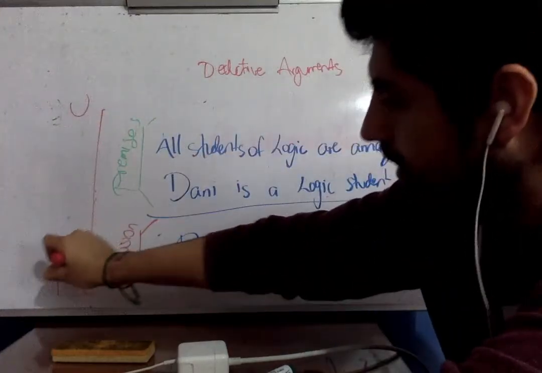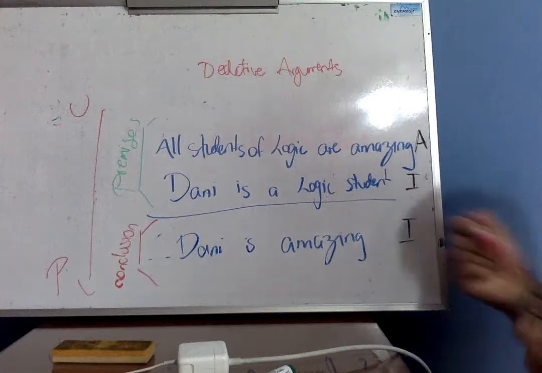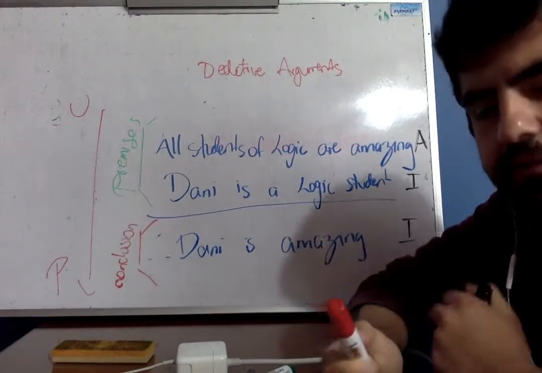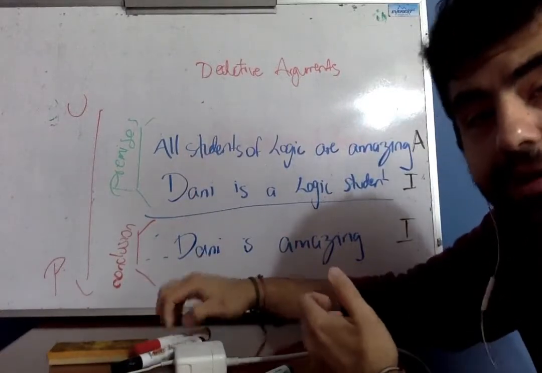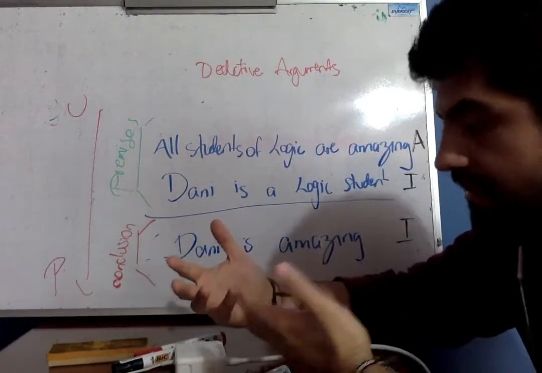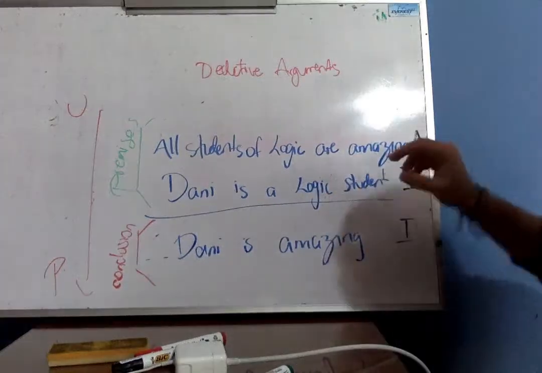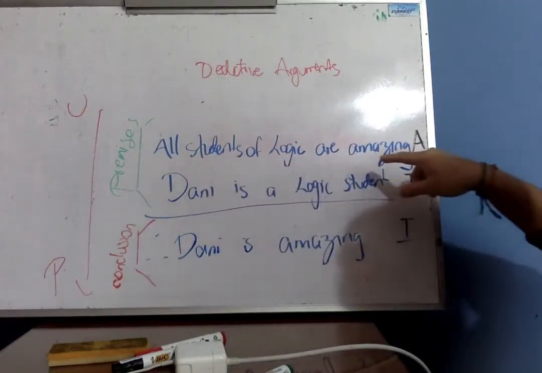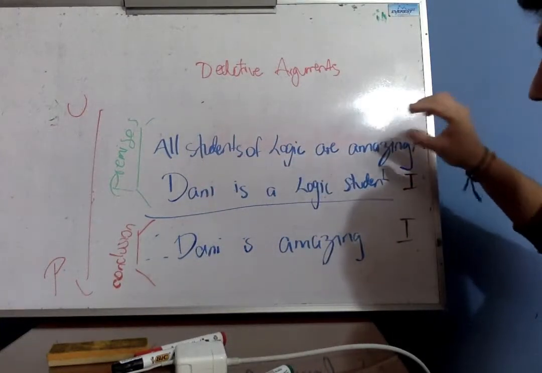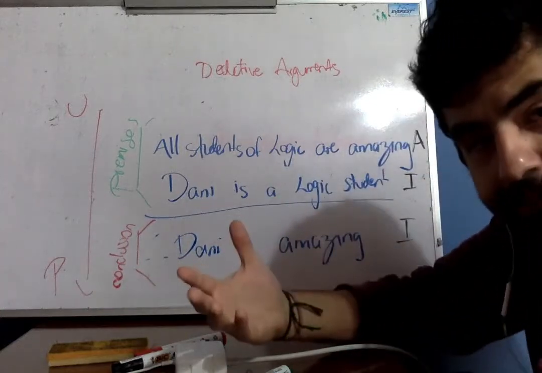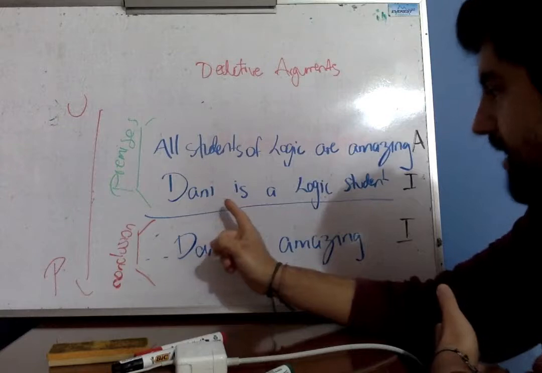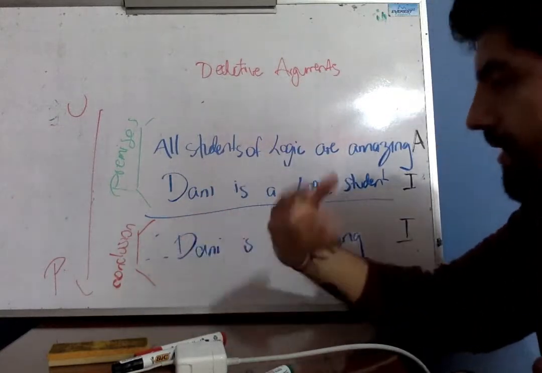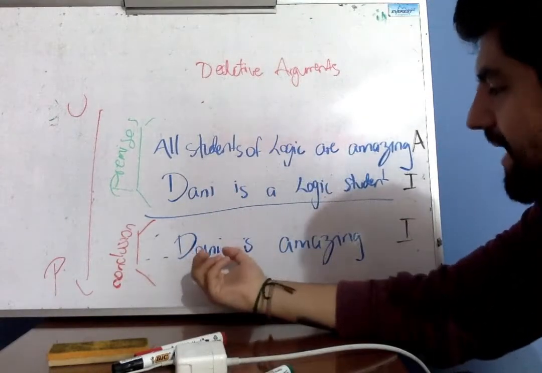Universality to particularity, okay? The main characteristic of these arguments is that they provide certainty, okay? In what sense? If this proposition, all the students of logic are amazing, is true, and if this proposition, Danny is a logic student, is true, therefore, necessarily, Danny is amazing.